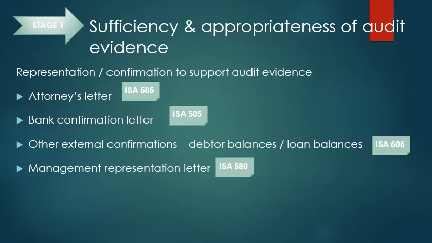You could have other external confirmations, for example, external debtors balance confirmations or loan balances. These are also guided by ISA 505. And then, of course, you have your management representation letter, which is issued for every single audit, and that is guided by ISA 580.